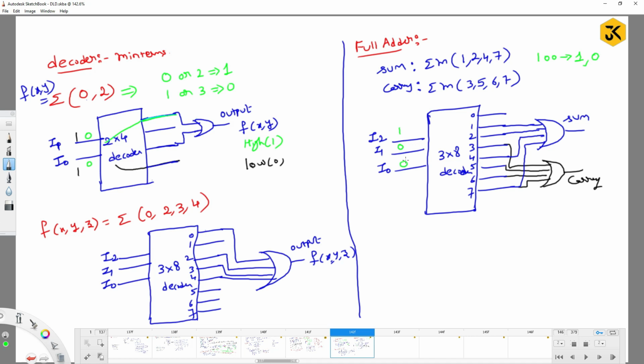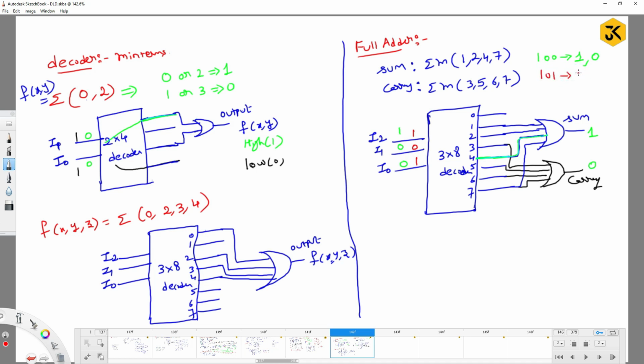You get the high output at the 4th line. As you get high output at the 4th line, for the OR gate you will get 1. And is any input given to the carry OR gate? No, so you will get the value 0.